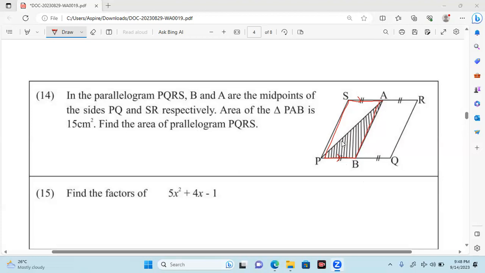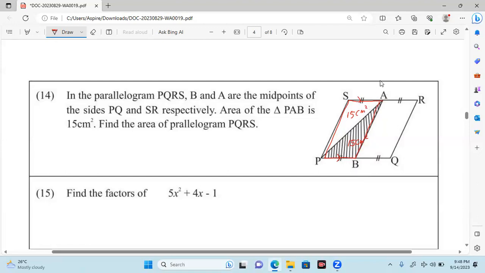It indicates that a triangle which lies on the same base and between the same lines as a parallelogram has an area half of the parallelogram. Therefore, it's given that this is 15 square centimeters, so we can identify this is also 15 square centimeters.